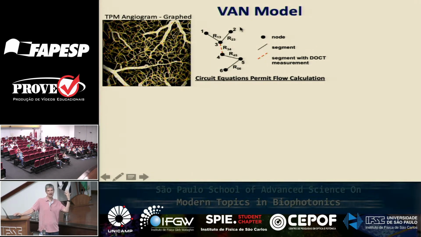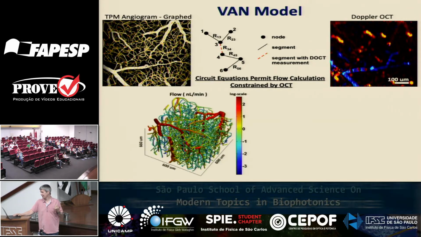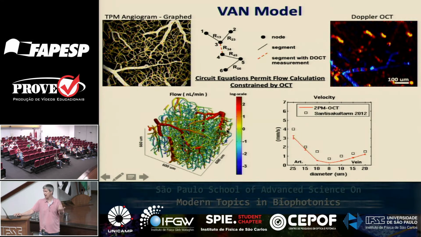We have these graphs of the microvascular networks. We've measured blood flow, we can calculate blood flow, right? And we calculate blood flow, and then we can compare our calculations of blood flow against the measurements of blood flow, and we get very good comparison there.